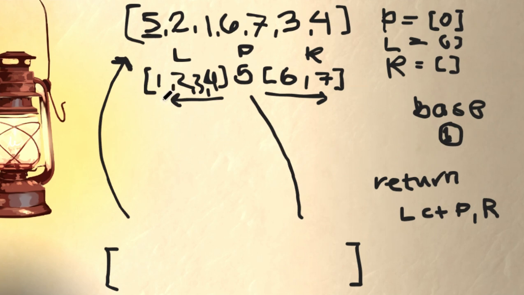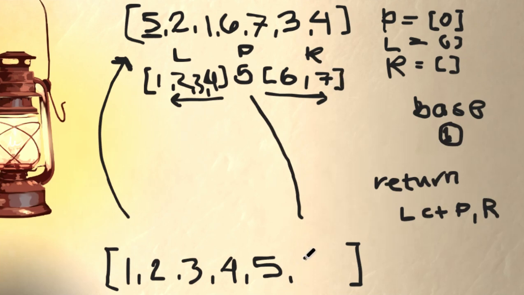I will put it here so it is clearer. We start with left. This left is 1, then 2, then 3, then 4. So left is done. Then the pivot, which is 5. The next is this right, which is 6 and 7.